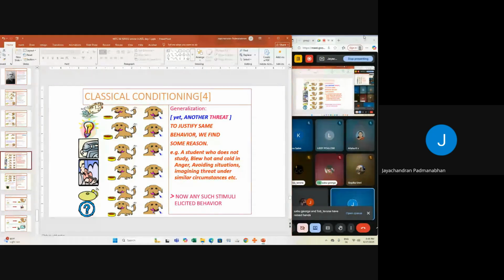Some people may not be even thinking about the progress of the children, but suppose a child got 5 A plus and they put a flex on the roadside, they would say, no, no, I have to treat the friends. Earlier, that person was not caring about the daughter. Now the daughter got all the 5 A plus, he has to give a treat. Finally, by evening, he continues with his behavior of drinking. This is called generalization.